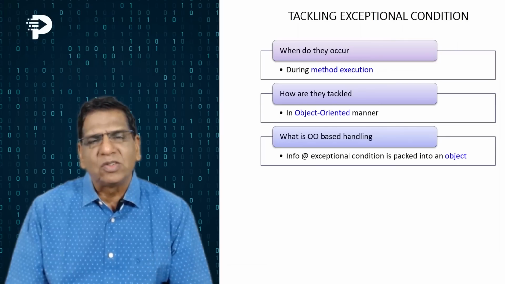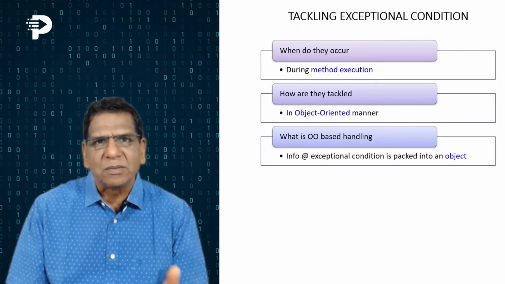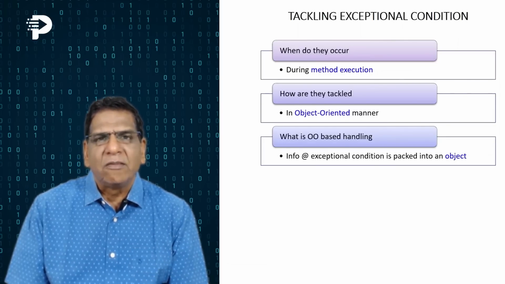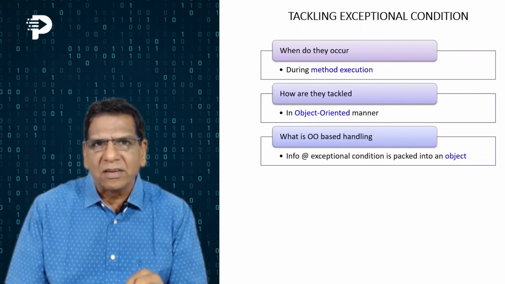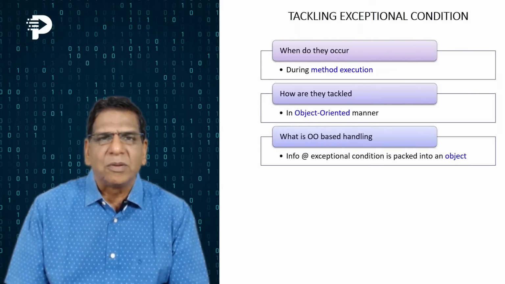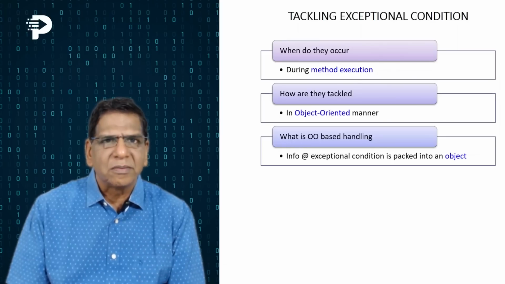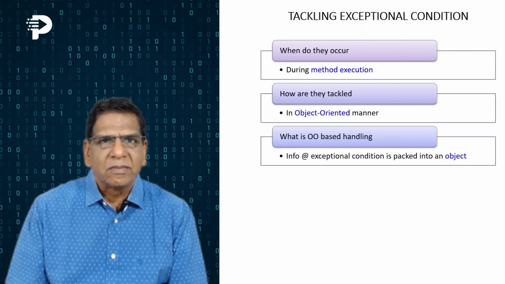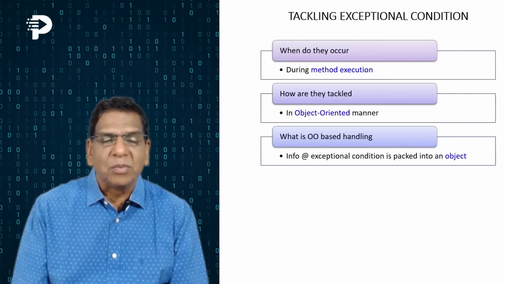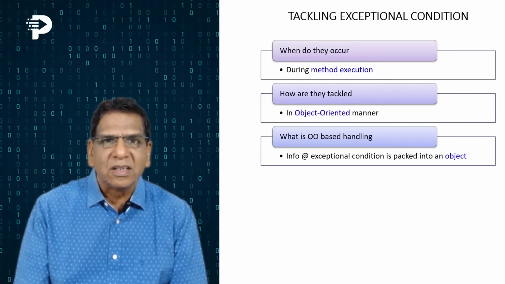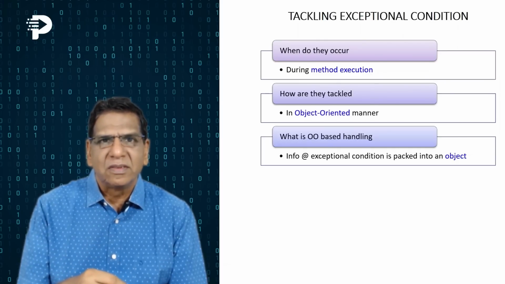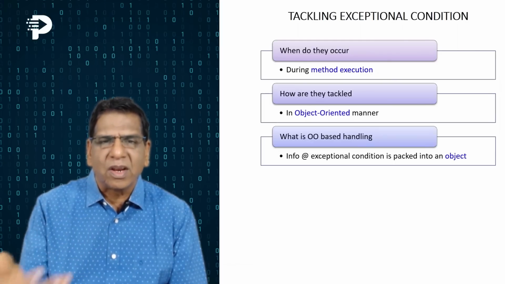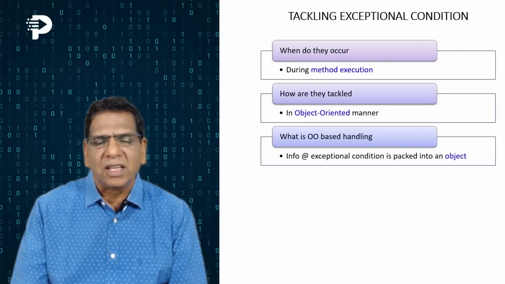What do we mean by this object-oriented exception handling? Well, in this, any information about the exceptional condition that has occurred, that information will be packed into an object. This is an important thing because more information can be packed into an object as compared to merely returning an error number. You can put several items of information within the exception object.